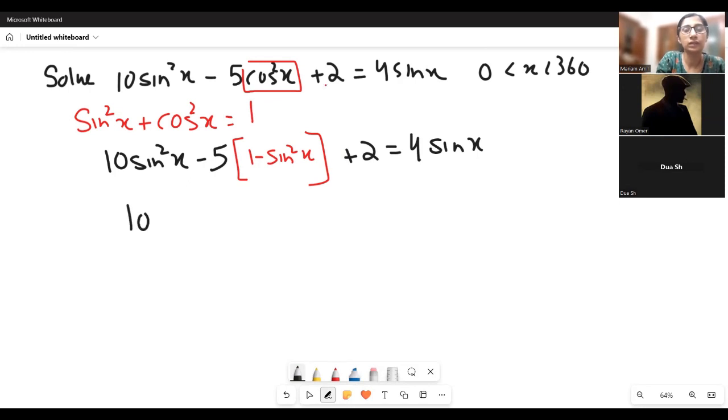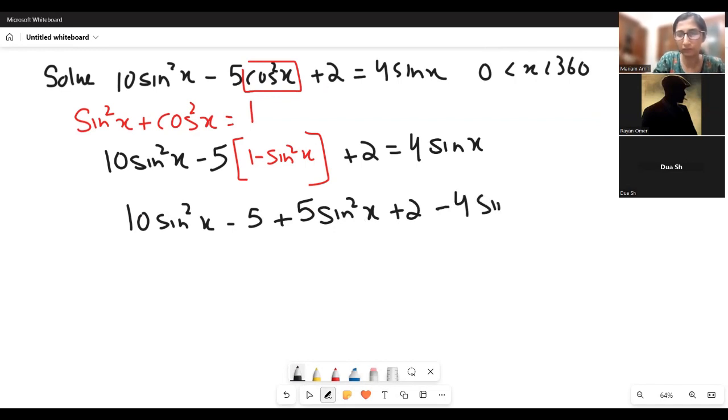So we have 10 sine squared x minus 5 plus 5 sine squared x plus 2 minus 4 sine x equals 0. So we have 15 sine squared x minus 4 sine x minus 3 equals 0.